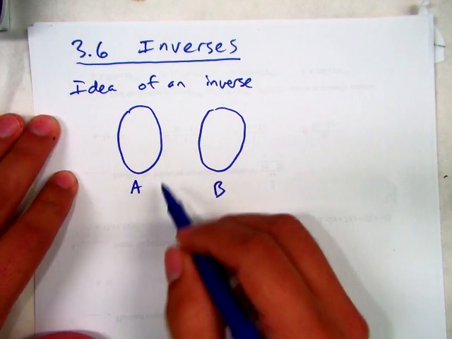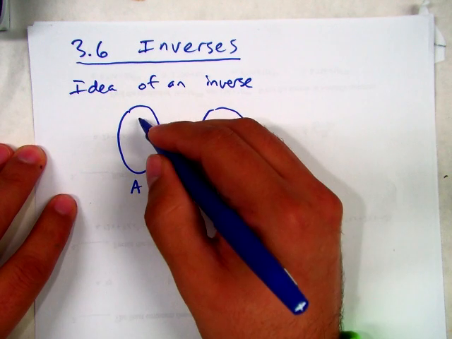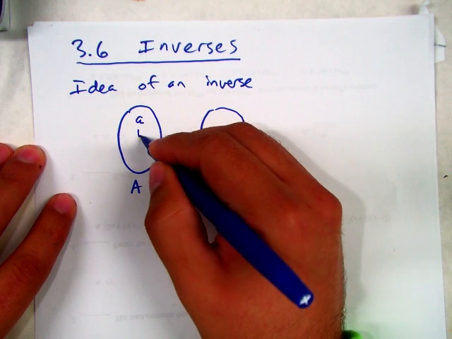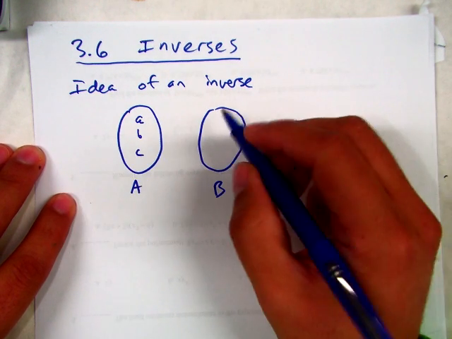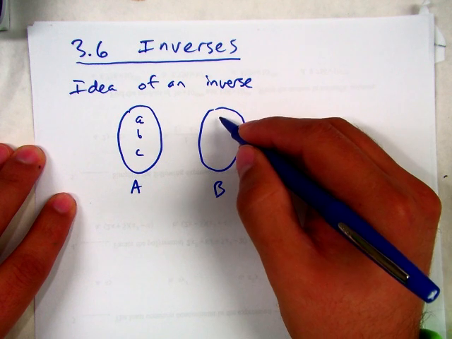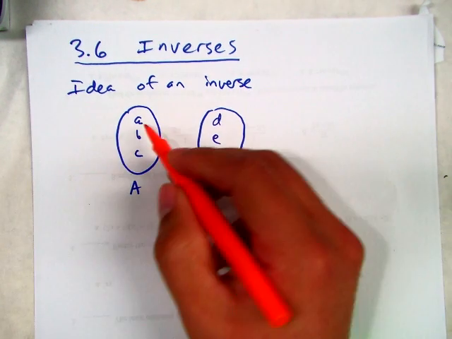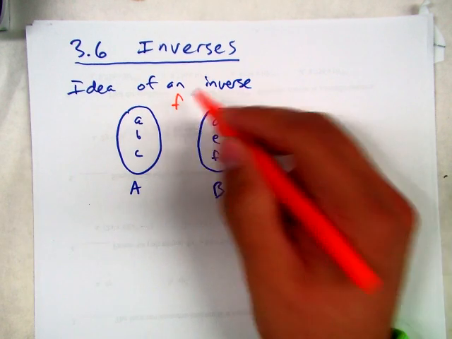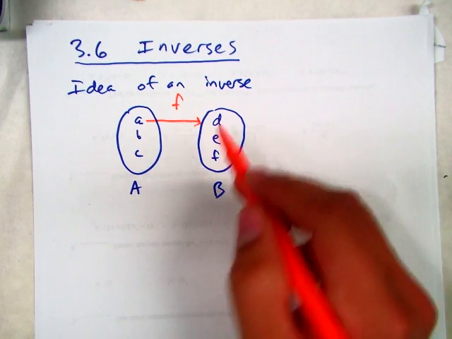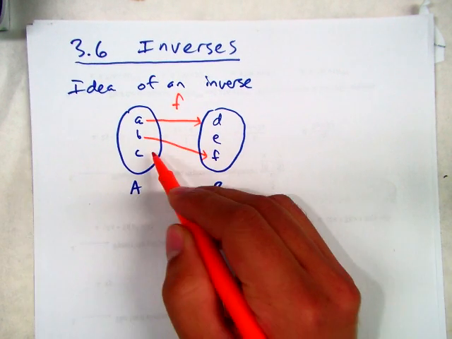Let's say in set A, we have little a, little b, little c. And let's say here we have little d, little e, little f. And our function f takes a to d, b to f, and c to e.